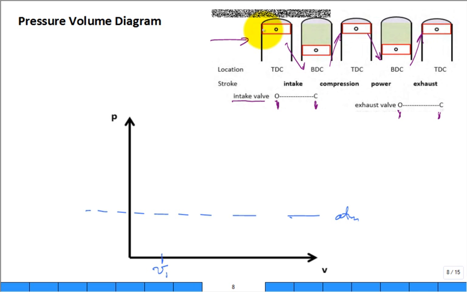We can call this state 1, or forget about numbering them. This will be the volume at top dead center. Okay? And it's roughly going to be around atmospheric pressure. And as the piston goes down, what will happen to the pressure inside the cylinder?